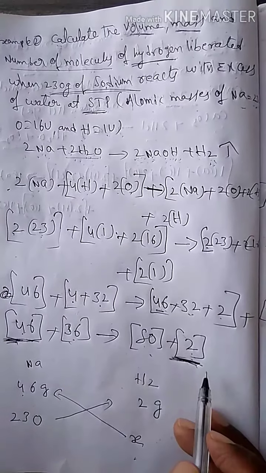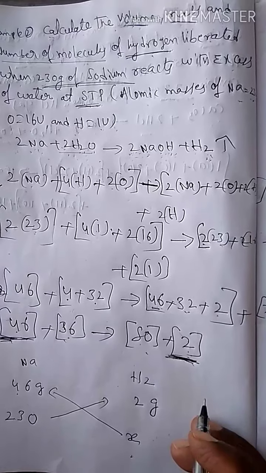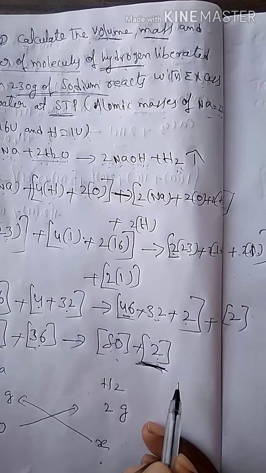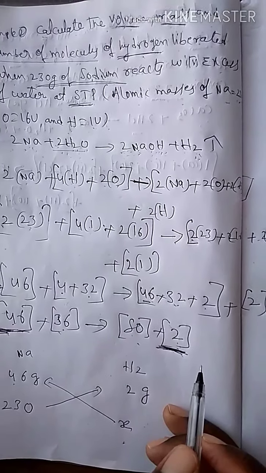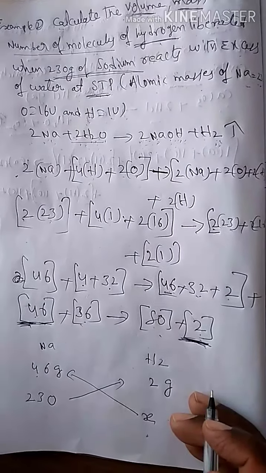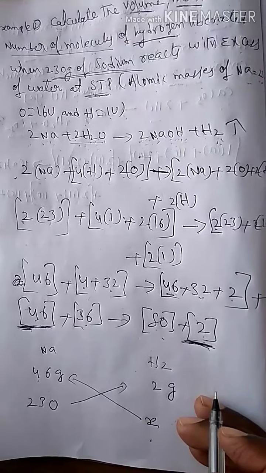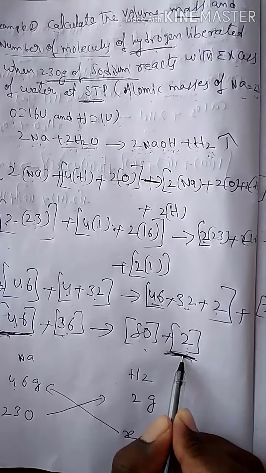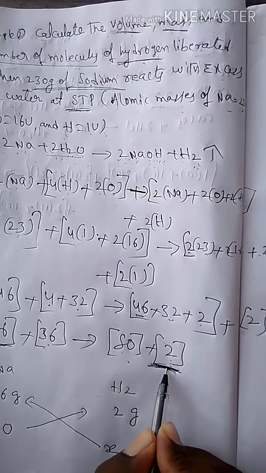But now we are going to calculate the volume of the hydrogen at STP. STP means standard temperature and pressure. At the STP condition, these 2 grams occupy a fixed value. That's why we gave STP.